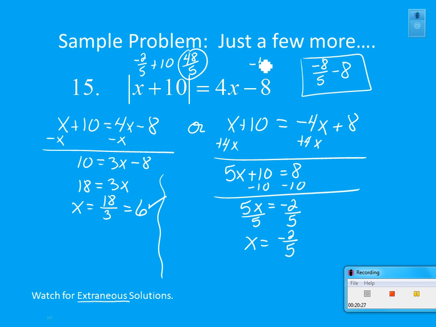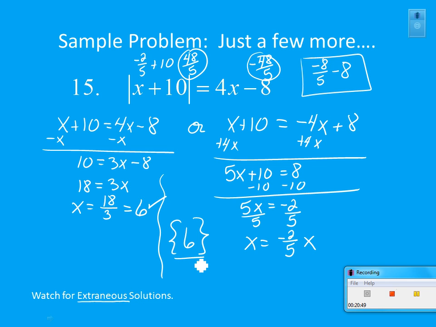What negative number is it? Negative 48/5. This side's always going to be positive, but since I plugged in negative 2/5 and got a negative number, I cannot use that number. It's called an extraneous solution. It means I've done all the work to get the answer, I just don't get to use it. So the only number that goes in our brace there is 6.